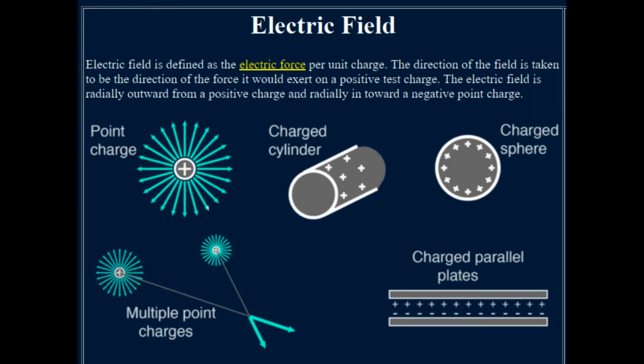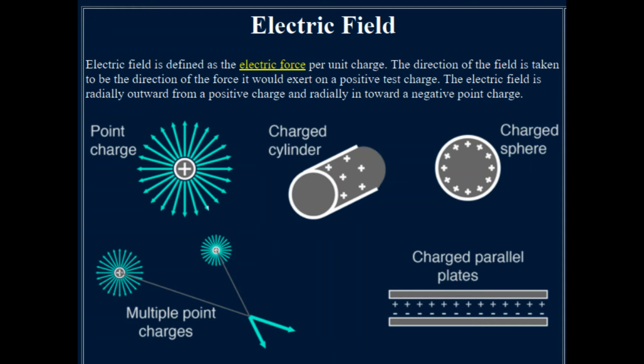Electric field. Electric field is defined as the electric force per unit charge. The direction of the field is taken to be the direction of the force it would exert on a positive test charge. The electric field is radially outward from a positive charge and radially in toward a negative point charge.